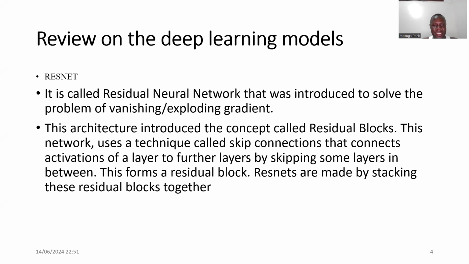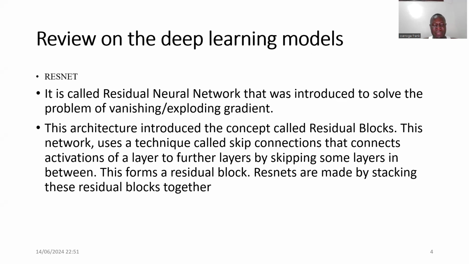So as I was researching, I realized that one of the research gaps that exists in one of these models, for example ResNet, is the problem of the vanishing gradient. So how do we solve this problem? Now we implemented GoogleNet.